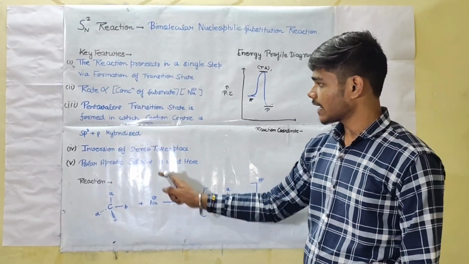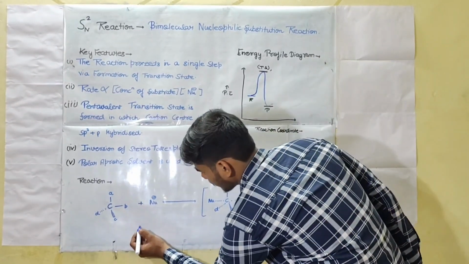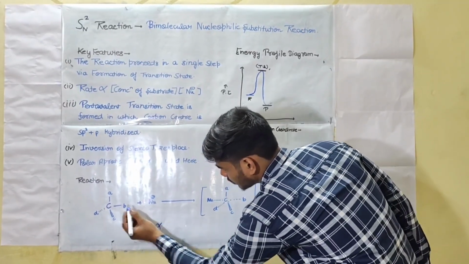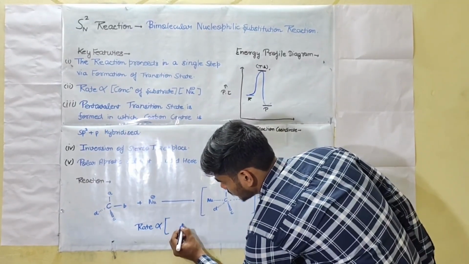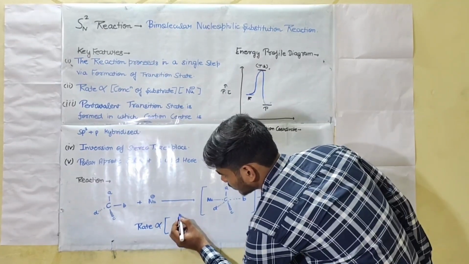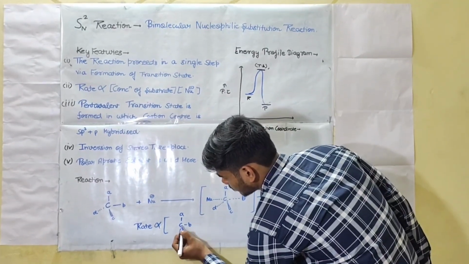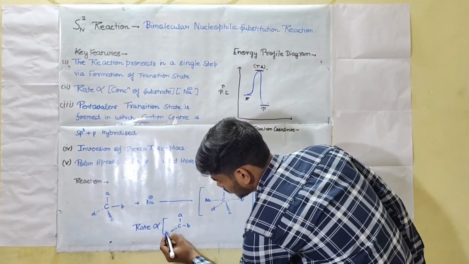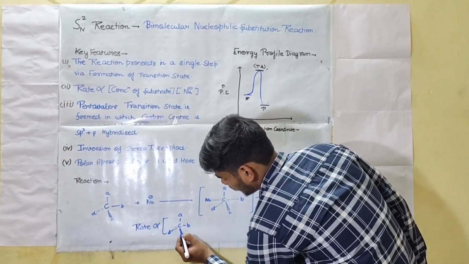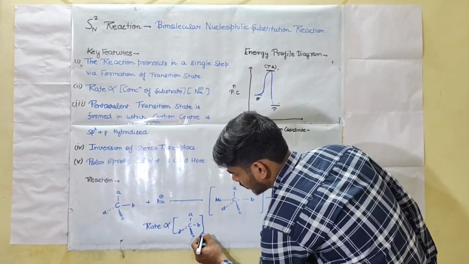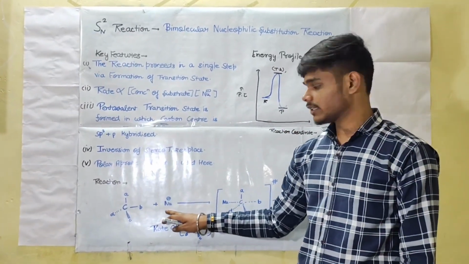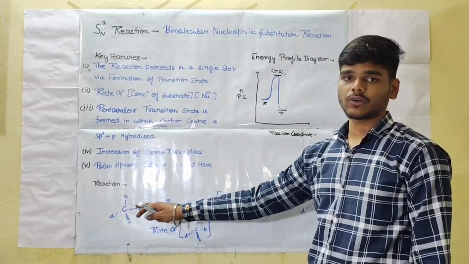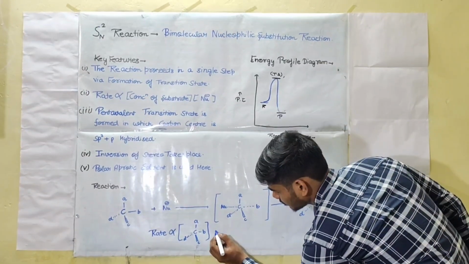So if we write its rate equation, we see that the rate depends upon the concentration of the starting reactant, which is represented here, and also upon the nucleophile which attacks the starting substrate.